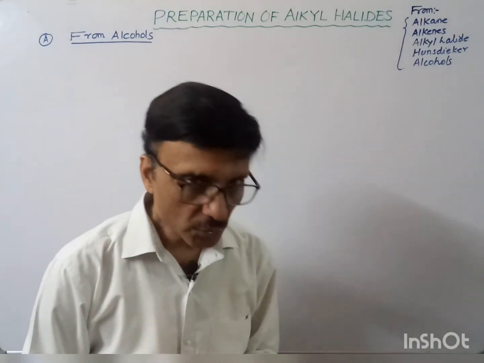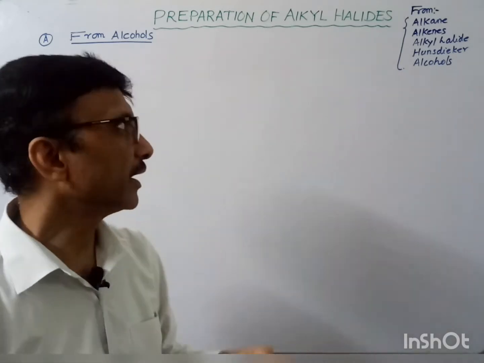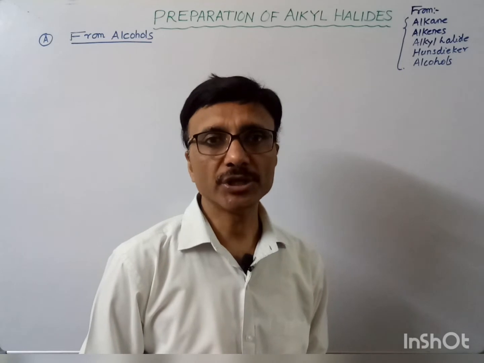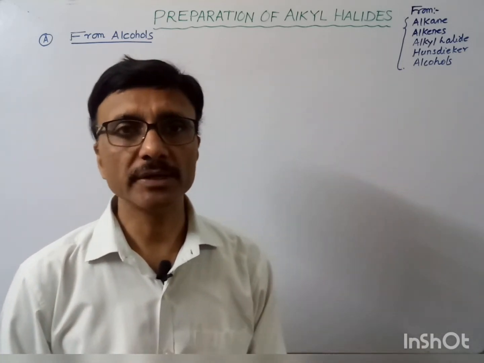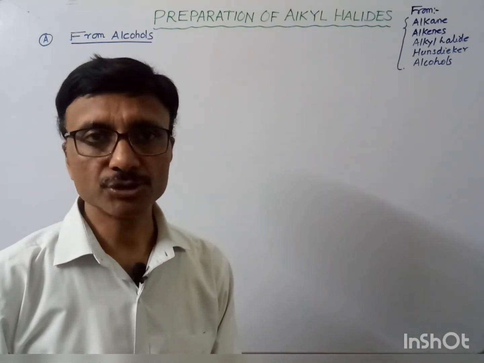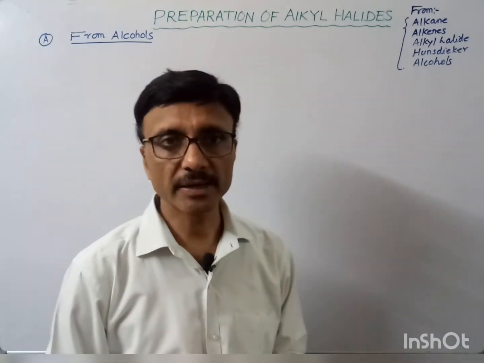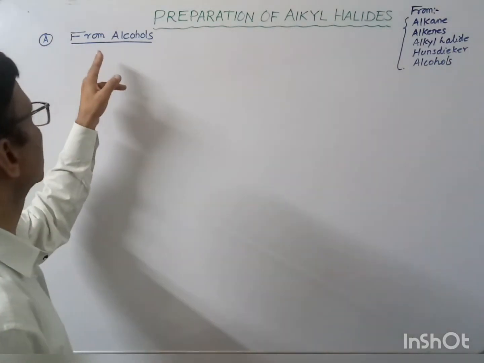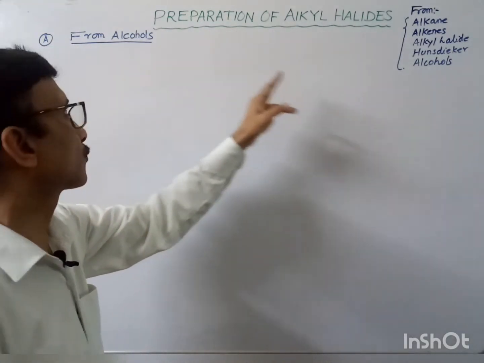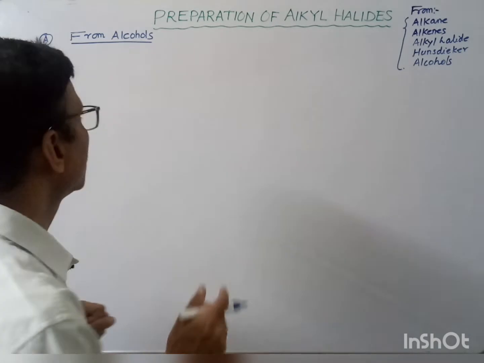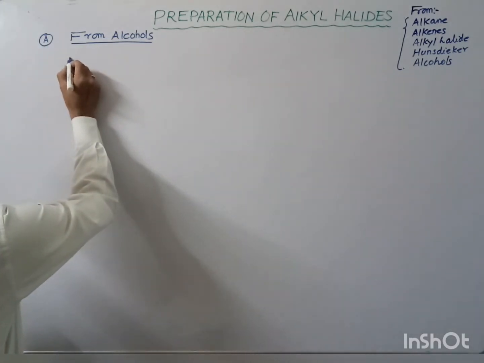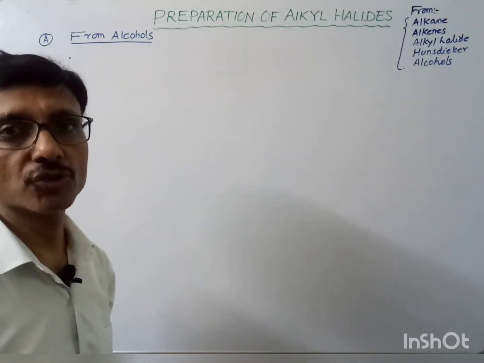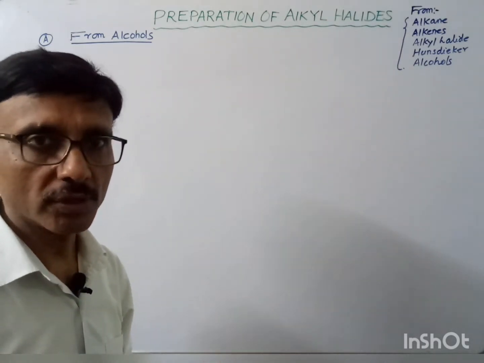So to replace the OH by a halogen atom, we should first convert this OH into a good leaving group. Then it can be substituted by the halogen atom. So when we prepare an alkyl halide from alcohol, one of the main conditions is that the OH group should be converted into a good leaving group.